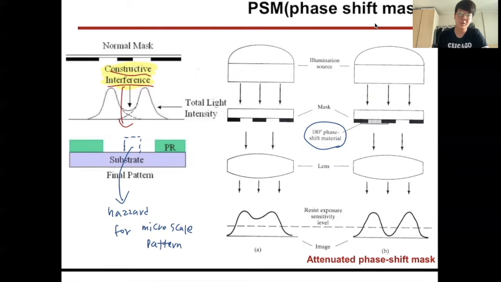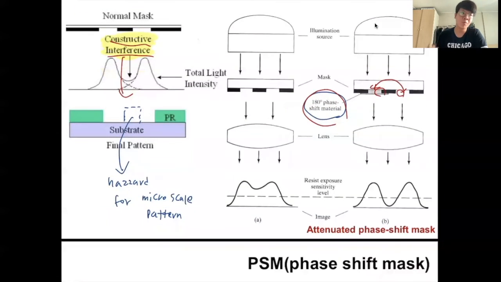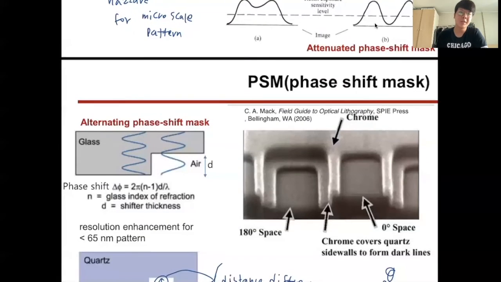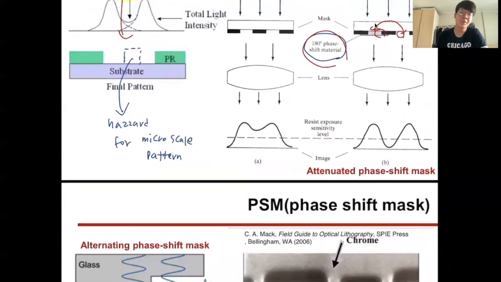We use 180 degree phase shift materials in the neighboring mask areas, so we can make higher resolution patterns. We call this method, using these phase shift materials, the attenuated phase shift mask.